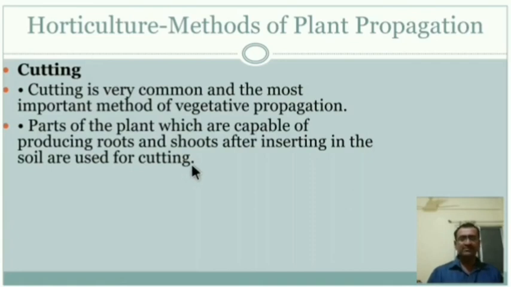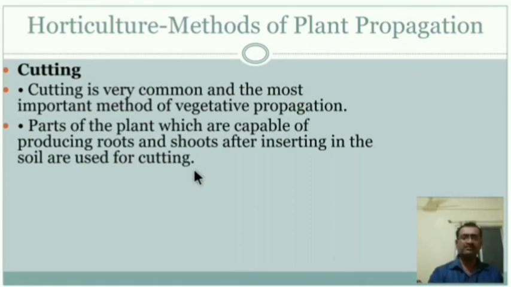Different factors such as the optimum length and diameter of the cutting, the age of the parent plant and the season are to be considered while selecting a cutting for each species.